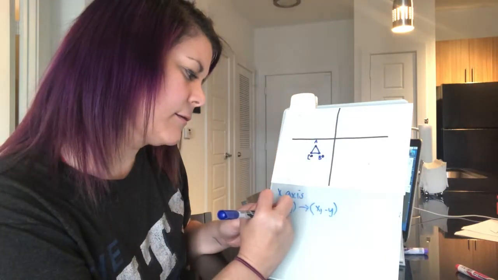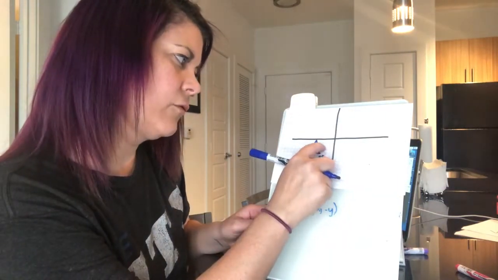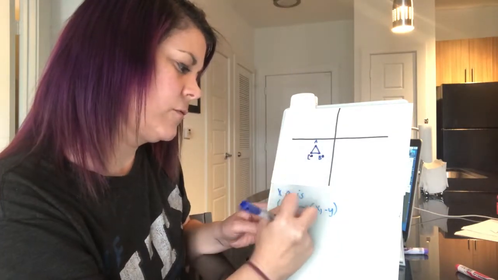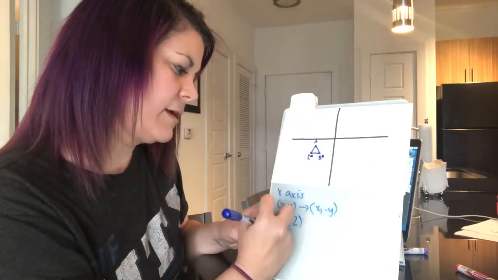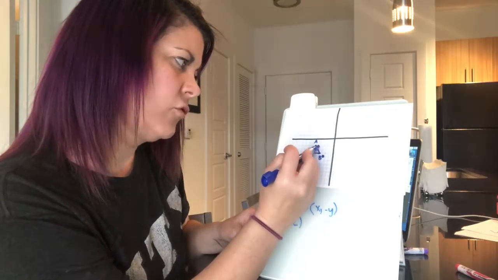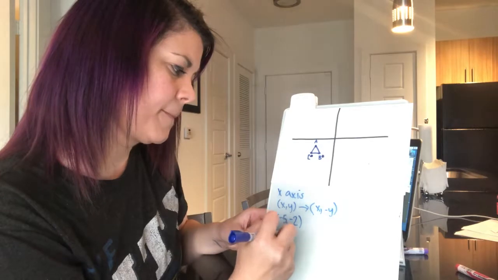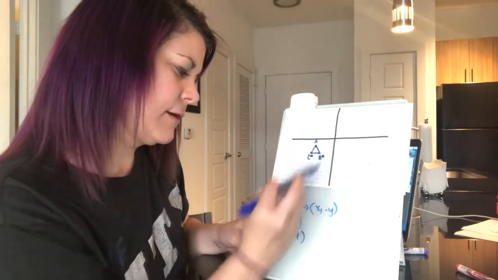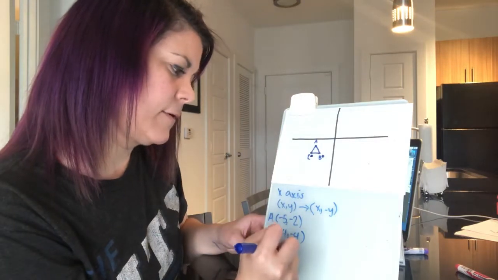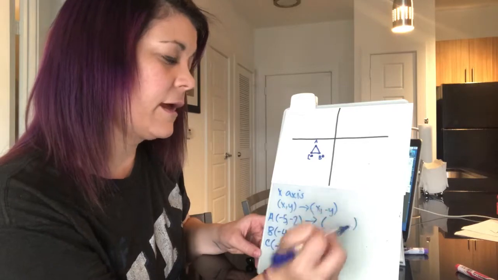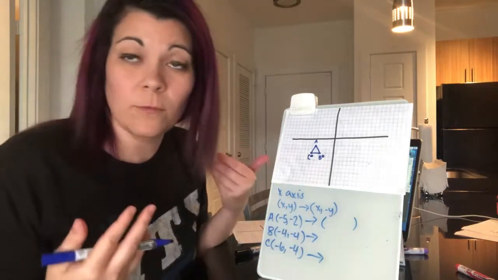A is (-5, -2). B is (-4, -4). And C is (-6, -4).